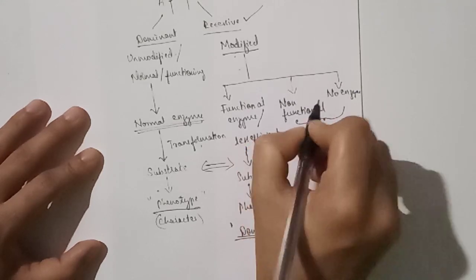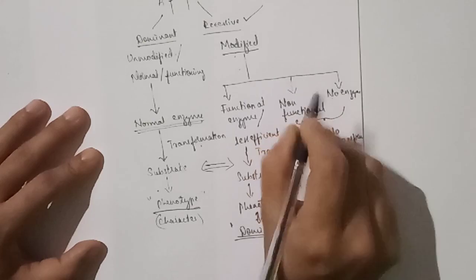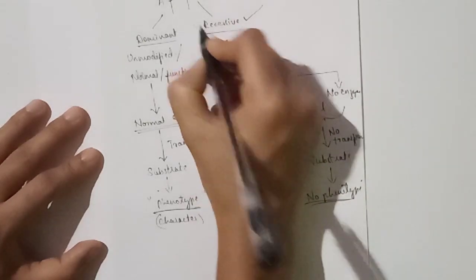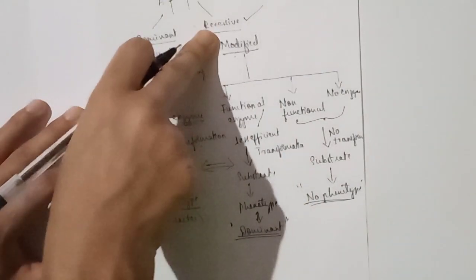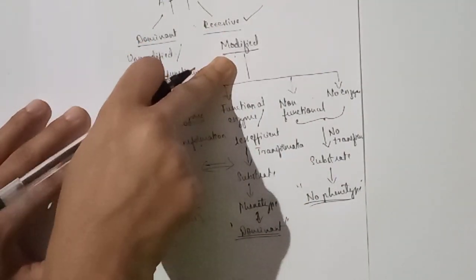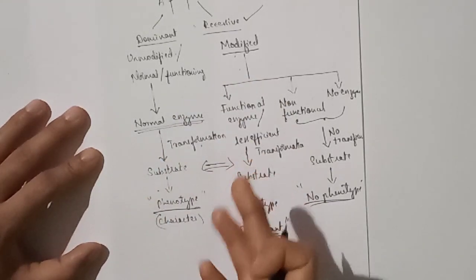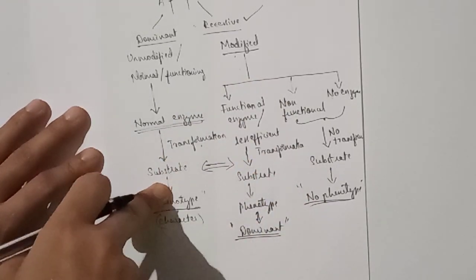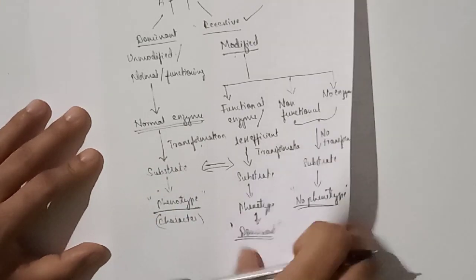Understood? In this case, this recessive or modified gene failed to express itself. But in the first case, it expressed itself, therefore it is equivalent to the dominant gene. Understood this concept of dominance?